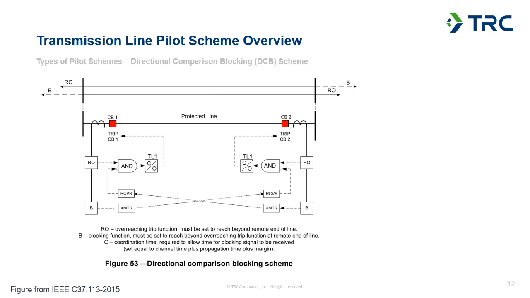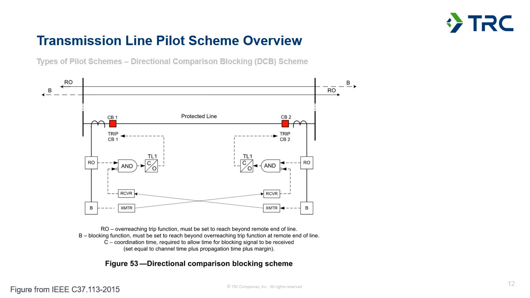So this scheme is going to operate very similarly, in that you're going to have a communications channel that's sending that single bit of information, in this case a blocking signal, to block or not block. Those are really the two options. And that's going to be driven by a couple different protective elements.